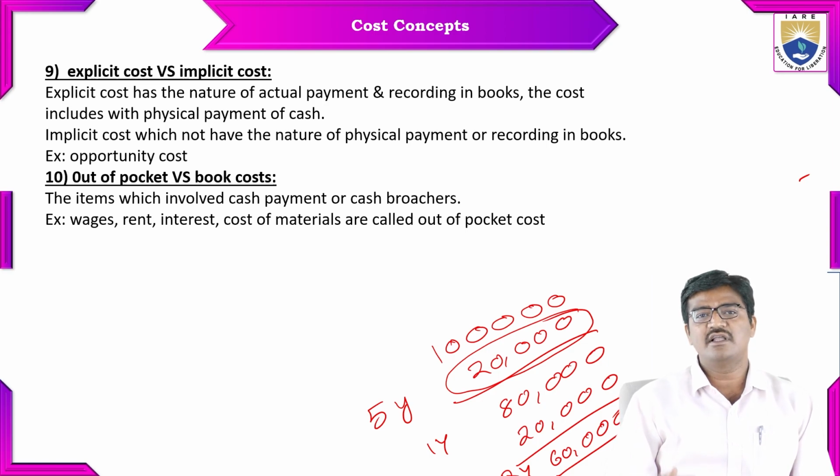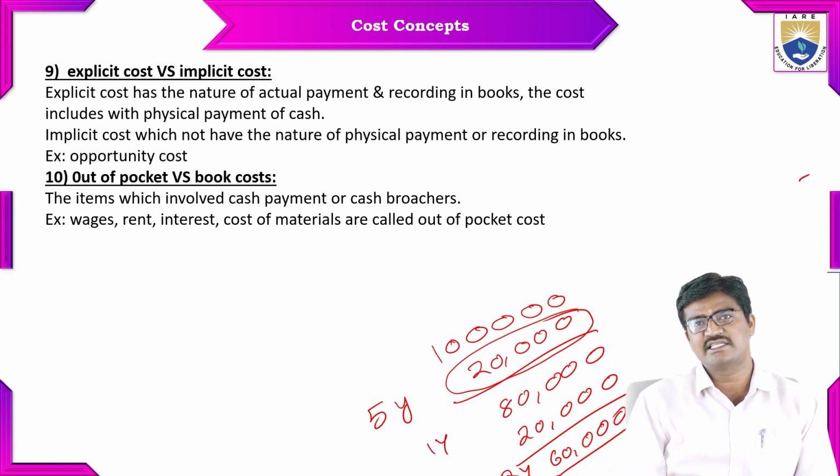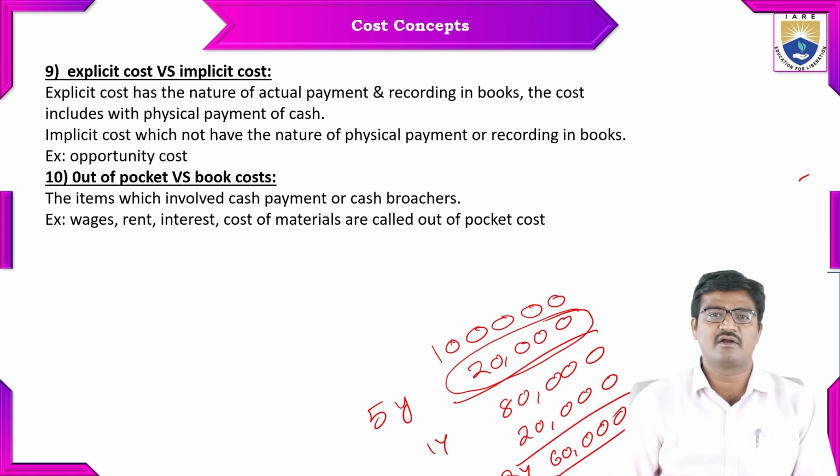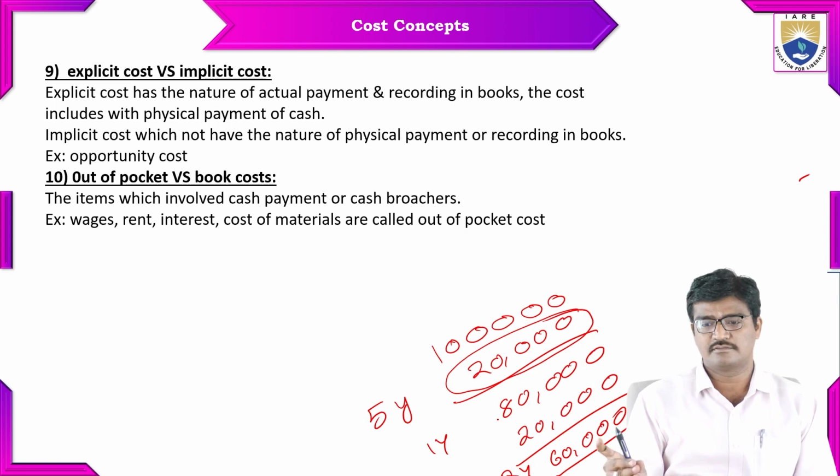So here the physical payment exists, but you should not record it in the books of accounts that this particular amount is given as a bribe. So you should not make an entry like this in the books of accounts. That's why these kinds of costs are considered out of pocket costs, because these are physically paid and not recorded in the books of accounts.